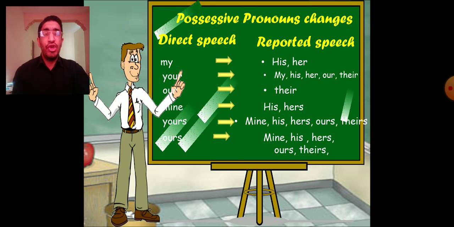So mainly, these are the important changes that happen when we transfer statements from direct speech to reported ones. This is it. So I have prepared some light exercises for you, easy ones, I know.